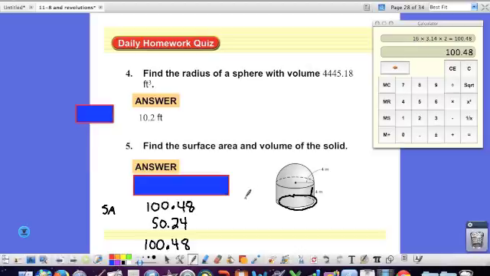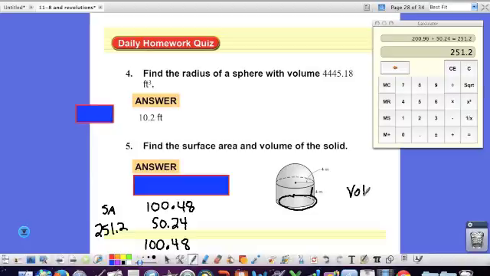The surface area of half of the sphere is the same as the surface area of the rectangular surface on the cylinder. So if I add 100.48 times 2, because there's 2 of them, plus 50.24, I get that the surface area is 251.2.